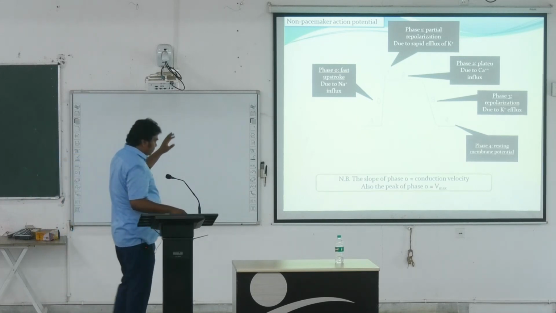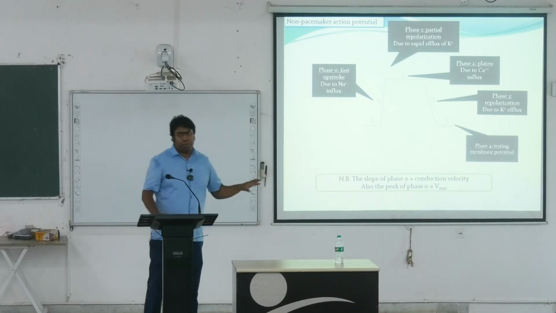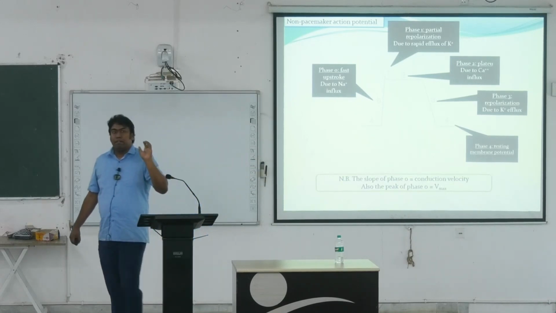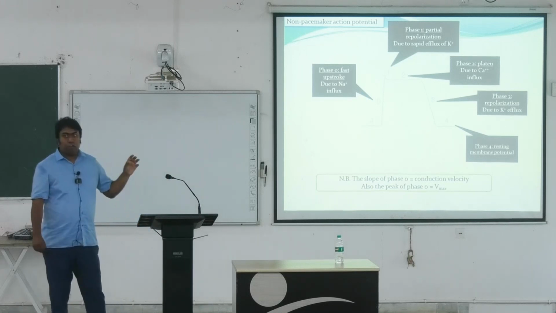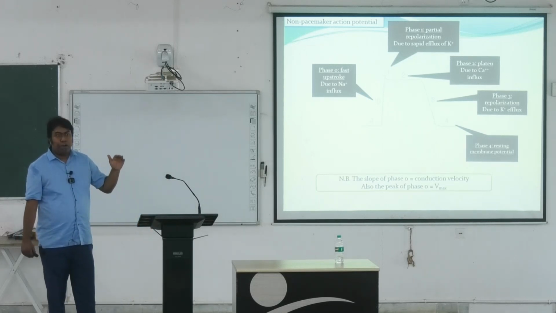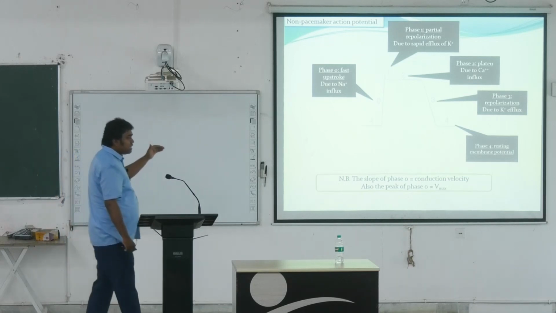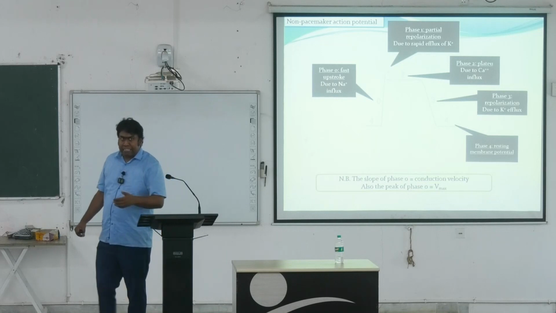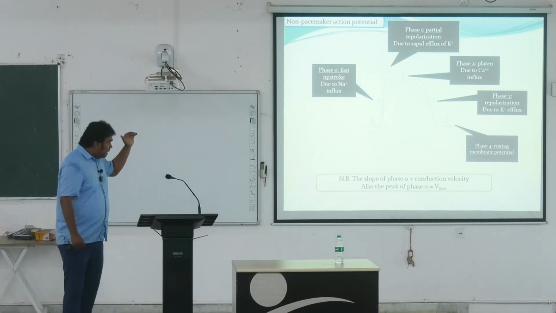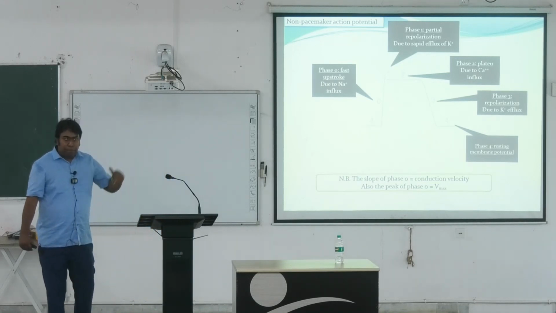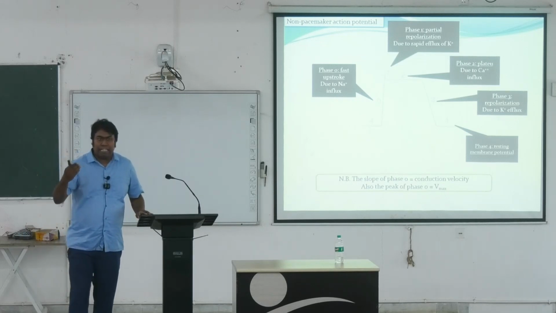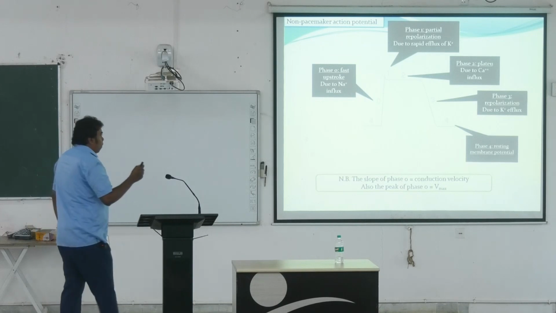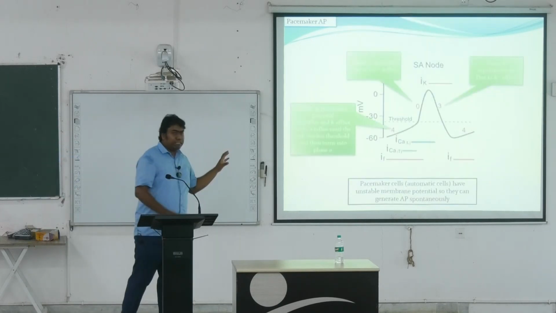And phase 4 is the resting membrane potential. So sodium influx leads to phase 0, followed by partial repolarization due to efflux of potassium, then calcium influx leads to the plateau phase, and the repolarization is due to efflux of potassium. What is the difference in the pacemaker cell?